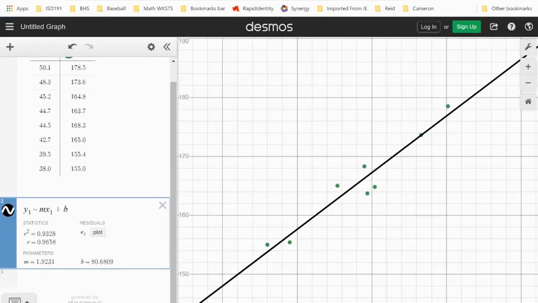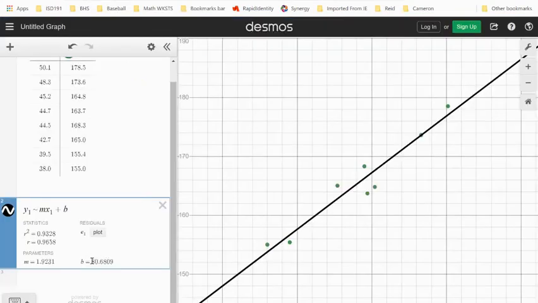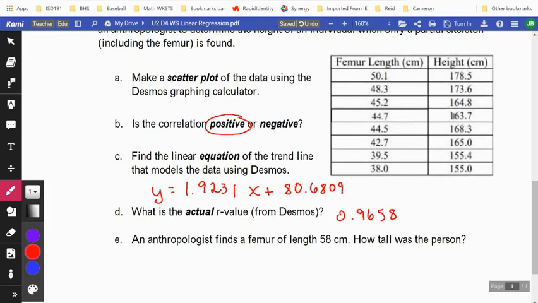And I just need to copy down my slope, 1.9231. And I need my y-intercept. We have 80.6809. There we go. Keeping in mind, x is the femur length and y is the height.